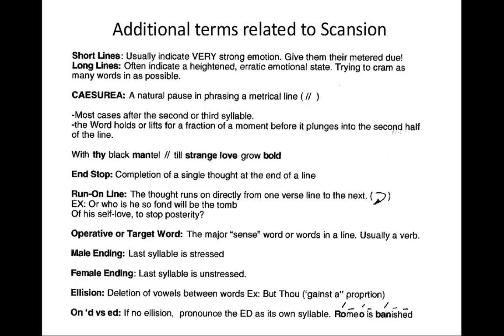So here we've got Romeo is banished, as opposed to Romeo is banished. If the editor thought this really needs to be a two-syllable word, they would take that e out and probably put just a little hyphen d, so it would be banished as opposed to banished. But if you see ed, normally speaking, you're supposed to pronounce it as ed.